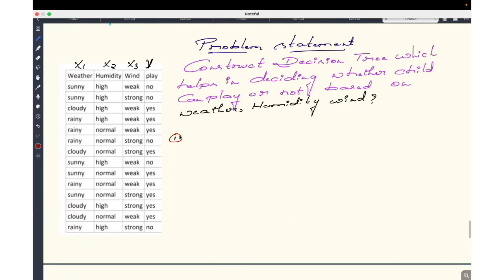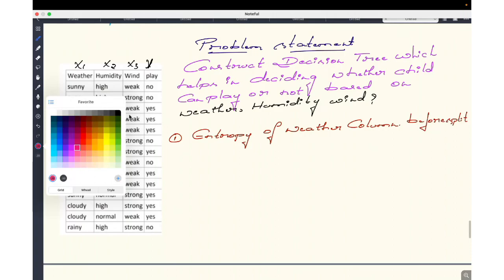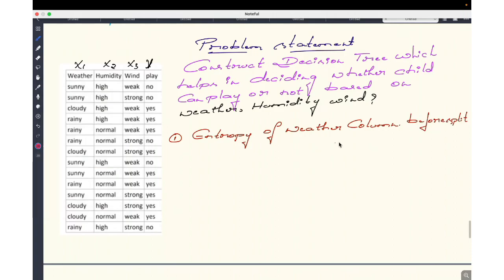So we'll find the entropy of the weather column, before split. Now tell me, before split, how many targets do you have? The target column is play.